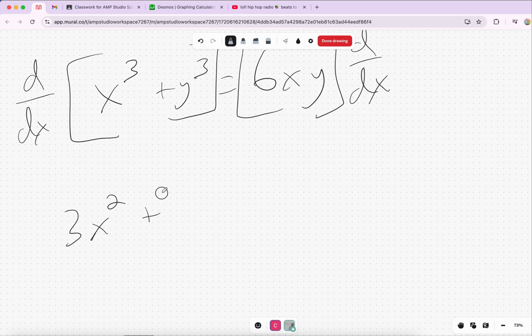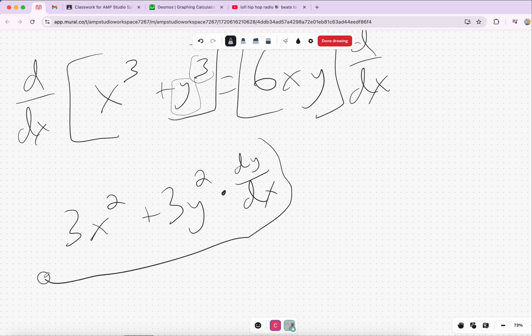That will give us 3y squared times the derivative of the y itself, which can also be written as y prime, but this time I'll write it as dy over dx. So that's one half of my equation.